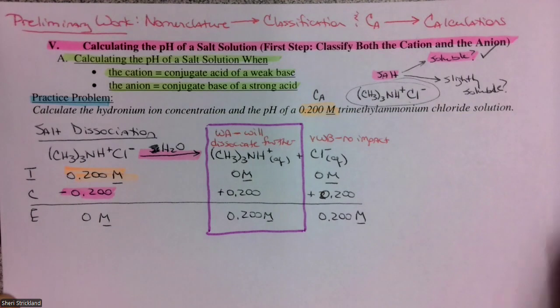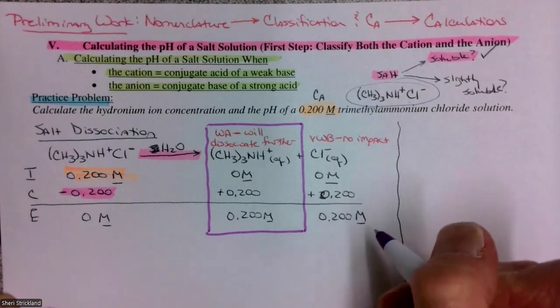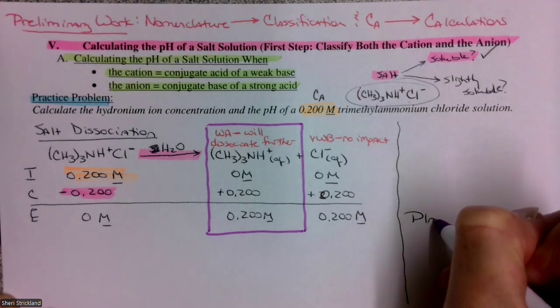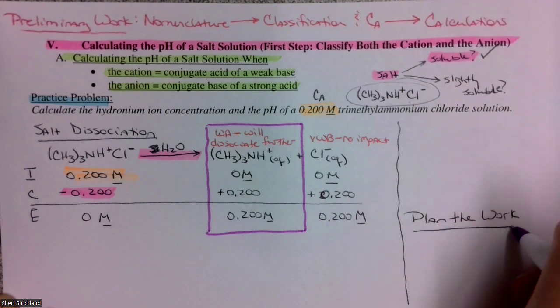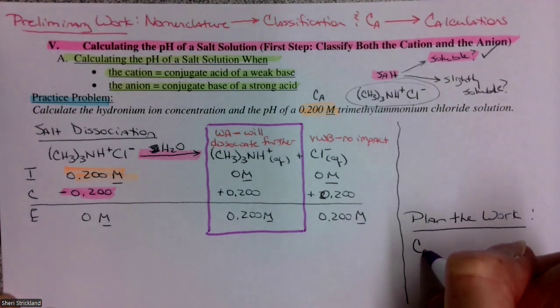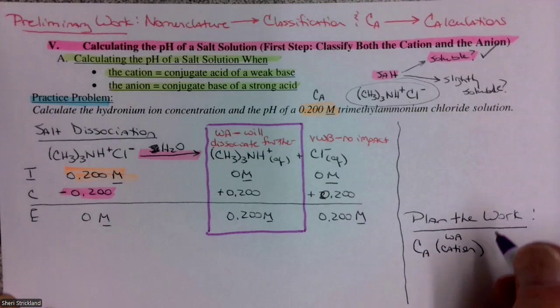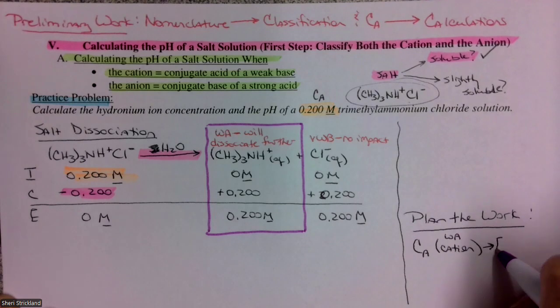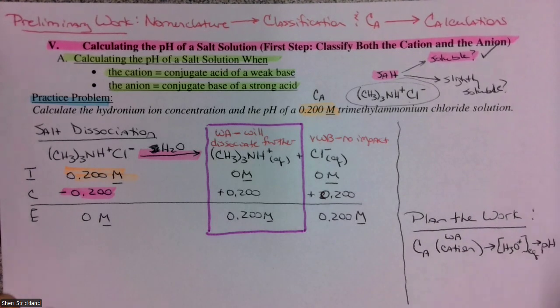Okay, so now our planning the work looks very much like it did with any other weak acid. We've got the analytical concentration of our cation, and I'm going to put weak acid there just to remind you. And we got to go from there to the hydronium ion concentration at equilibrium, and from there to the pH.